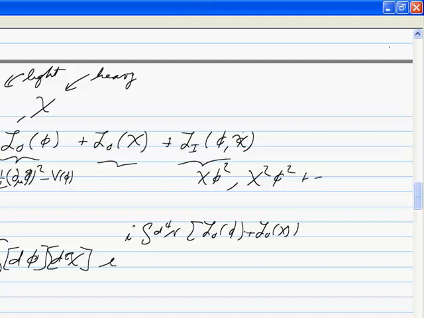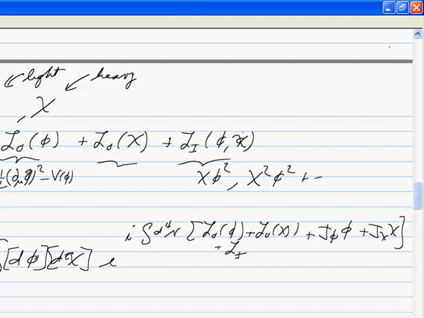I actually don't have to write all these out. Plus L_i, but the piece here is J_phi times phi plus J_chi times chi. Okay. So there's the full theory, everything there.